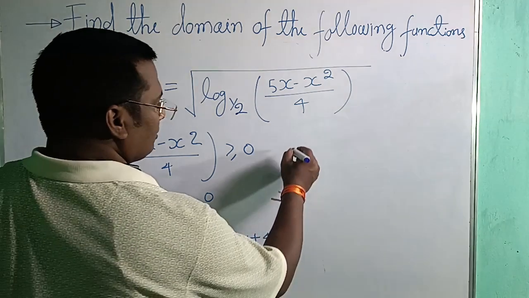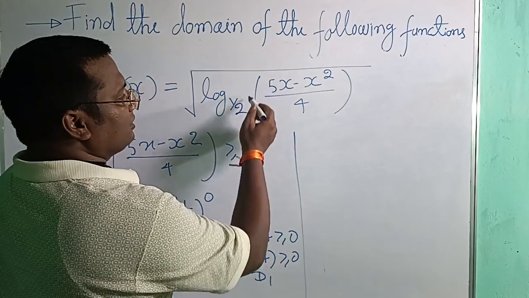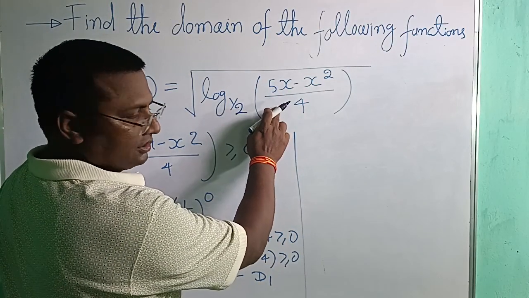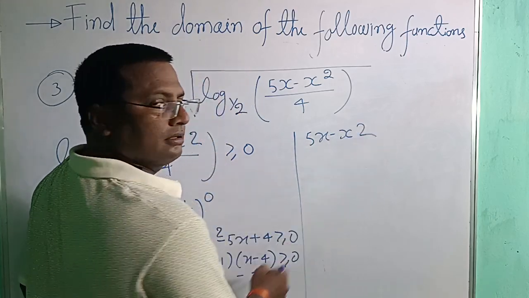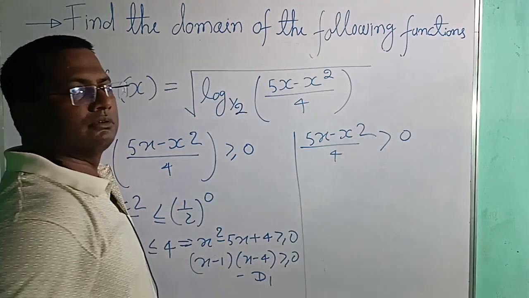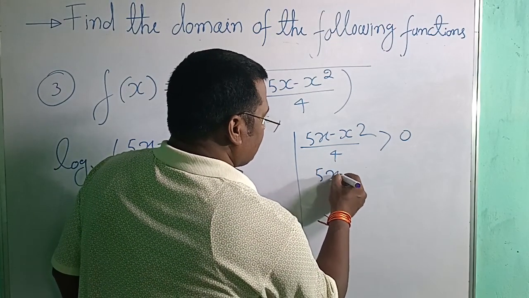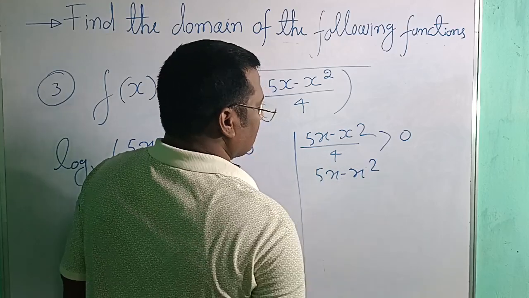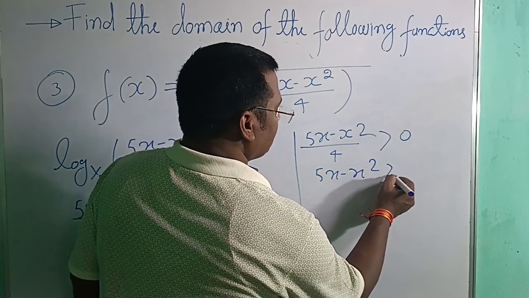Now the second condition. The argument of this logarithm must be greater than 0. So (5x minus x square) upon 4 must be greater than 0. So 5x minus x square greater than 0.